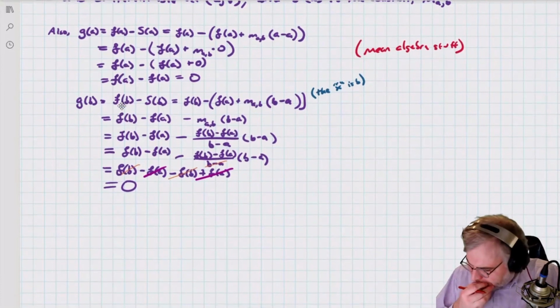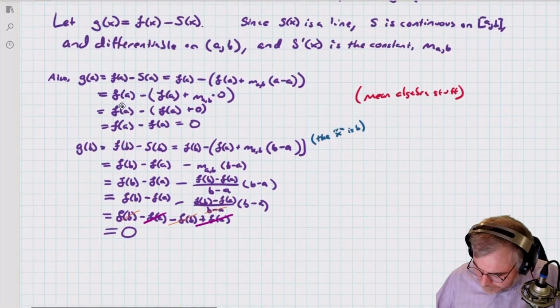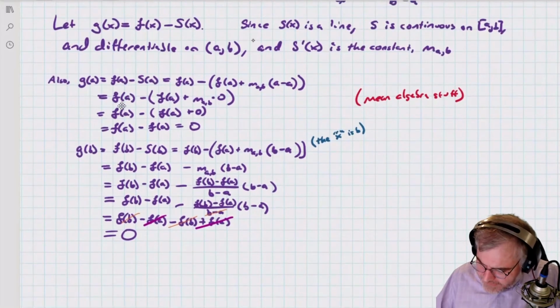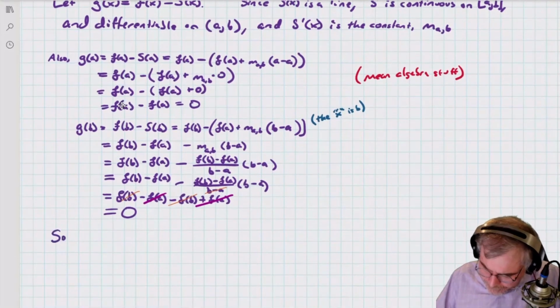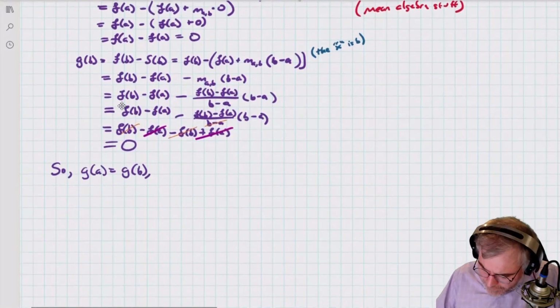Since s of x is a line, g of a equals g of b, and Rolle's theorem applies.